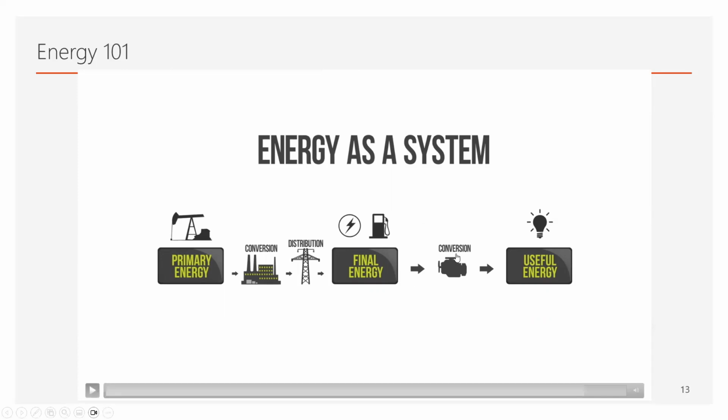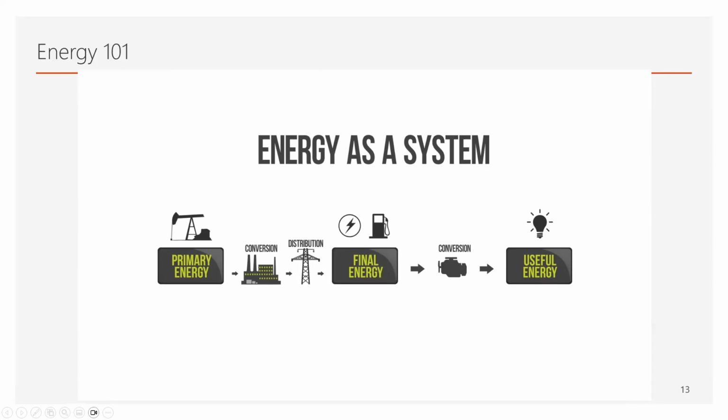Then again we convert it. So energy conversion happens in generation, transmission, distribution, and consumption. At each and every level we convert electricity, or any other energy form.